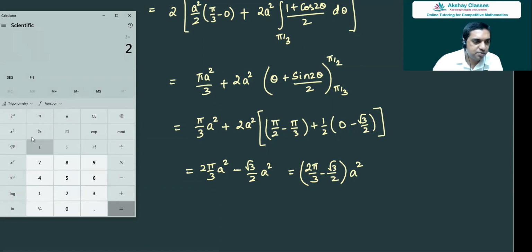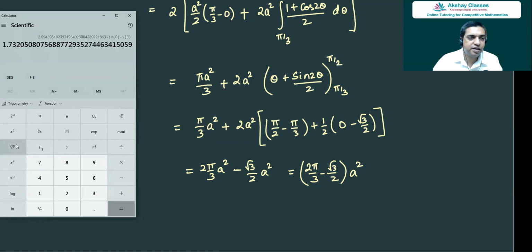Two times pi divided by 3 minus root 3 upon 2.